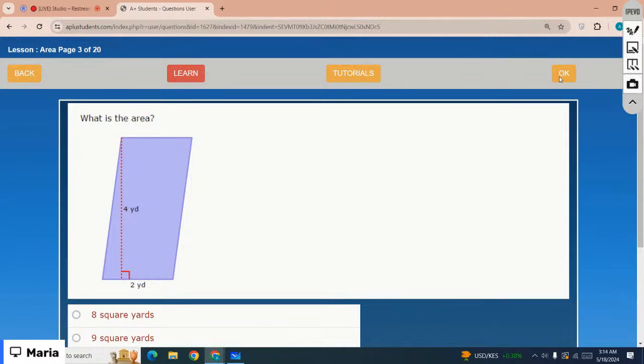So, which is the correct option? The correct option is 8 square yards. Option number one is the correct option. Very good.